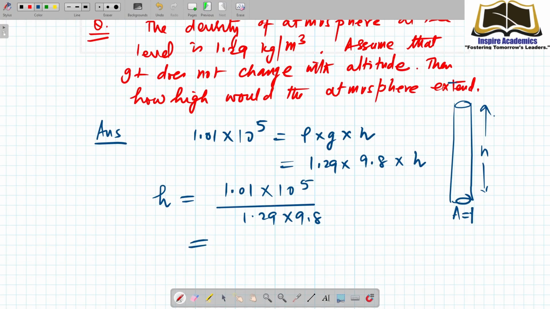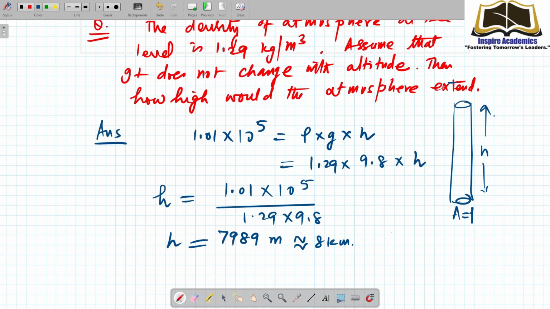Is that understood? So typically the value of h would be 7989 meter, which is approximate. It can be approximated to what value? 8000 meter, or simply 8 kilometer. Yes or no? So based on the assumption that we have discussed, typically the height of atmosphere extends up to 8 kilometer.